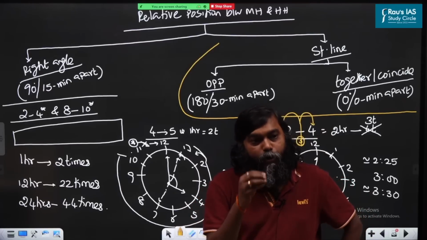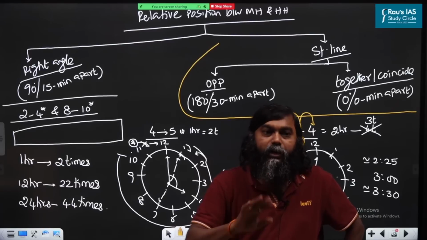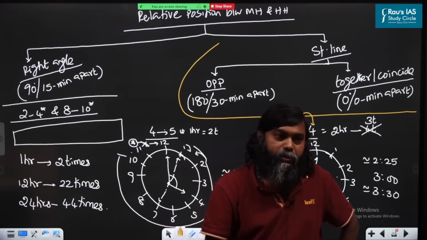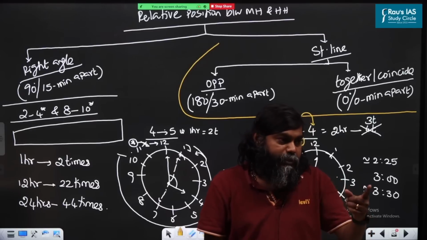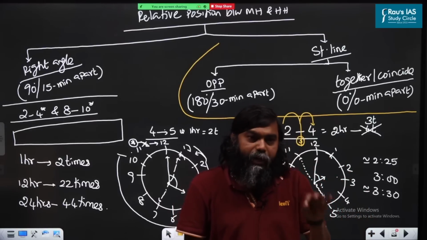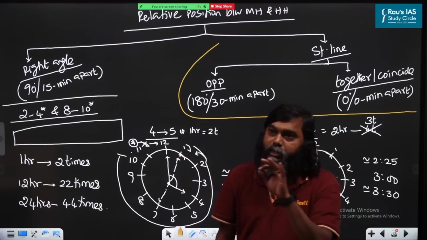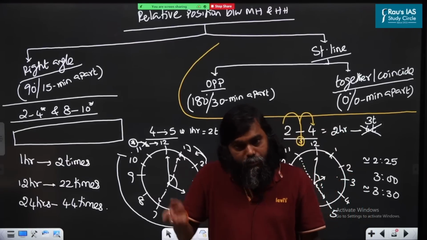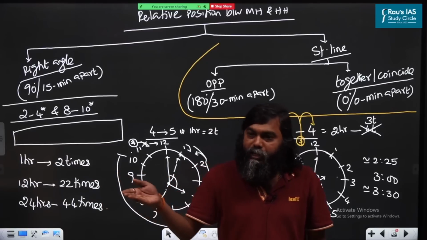In 1 day, how many times are the minute hand and hour hand in a straight line but not together? What is asked? Opposite is asked, 22 times. In 1 day, how many times are they in a straight line but not opposite? What is asked? Together or coincide. That is how many times?